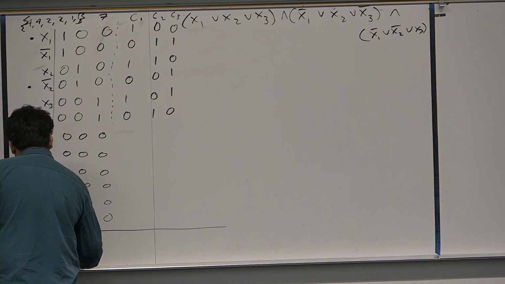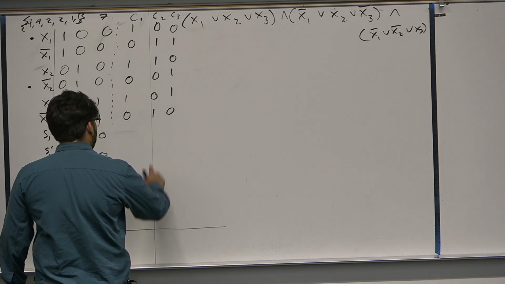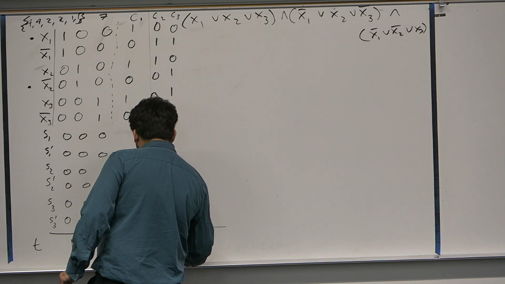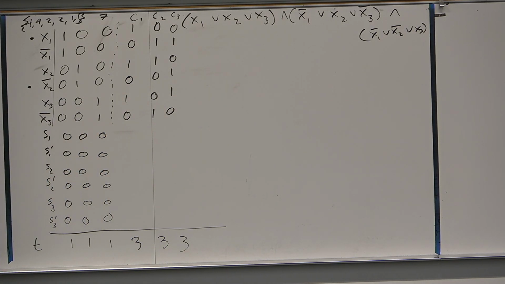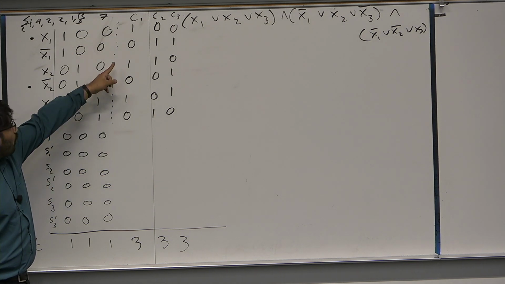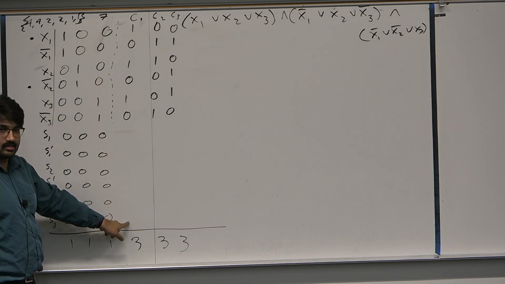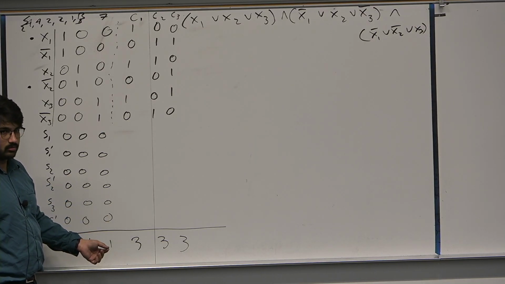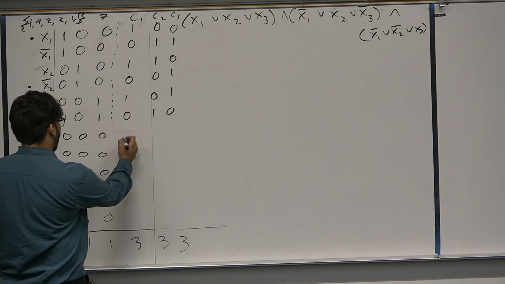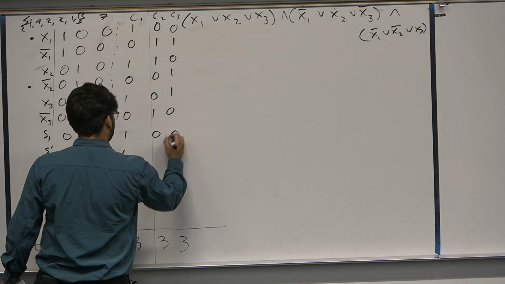We set our target again to be 1, 1, 1, and then in these bits we'll set it to be 3, 3, 3. Let's not talk about carry for a second, just suppose that's what the column sums to, okay? What we can do now is we want this to be greater than 1, but we want it to sum to 3. So all we need to do is ensure that it's not 0. So what we do is we just have the slack variables help you do that.